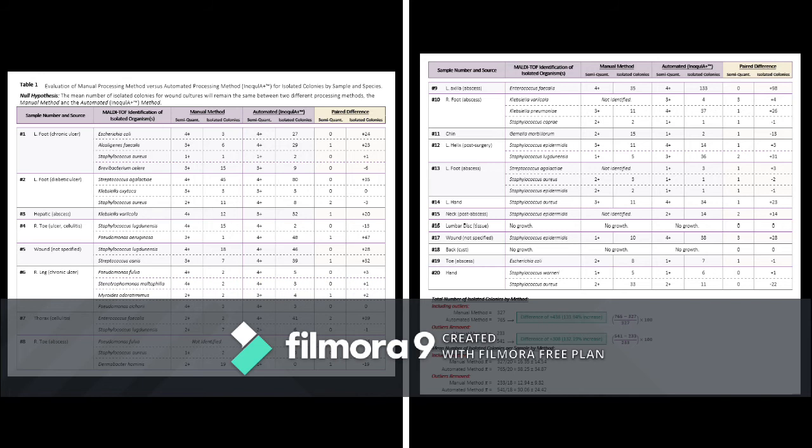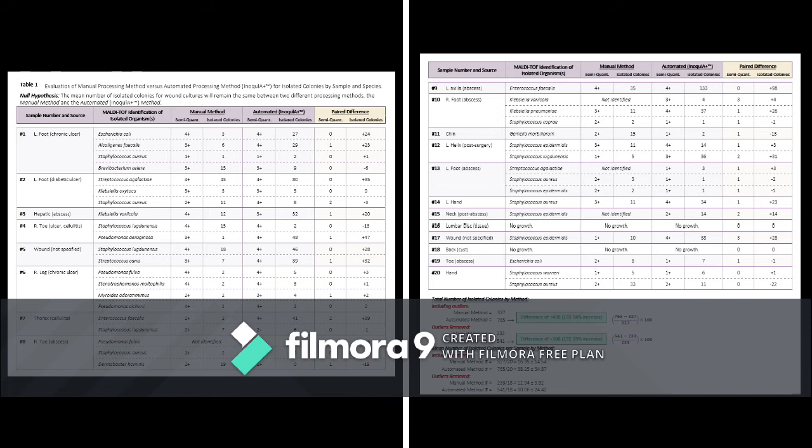We have a lot of diabetic injuries, and a lot of these that come in are polymicrobial samples. Under each of the columns for manual method and automated method, I have my semi-quantitation for each one, and right next to that the number of isolated colonies I counted by sample and by isolated organism species.